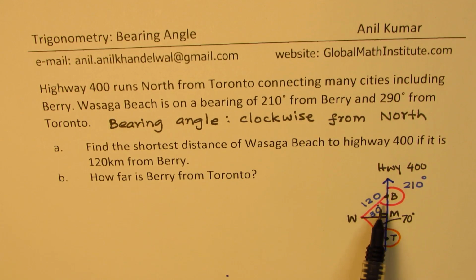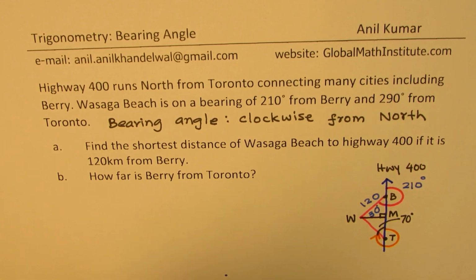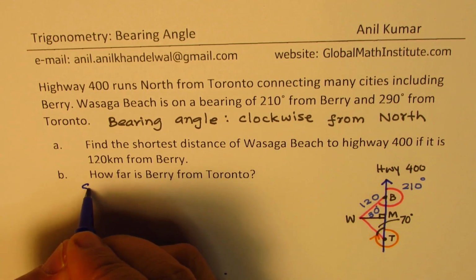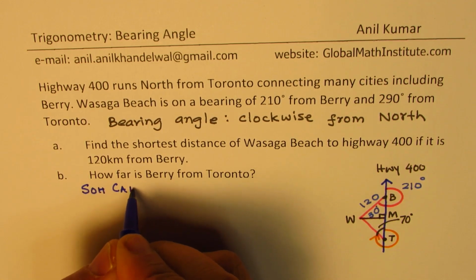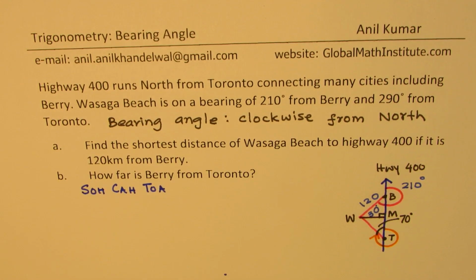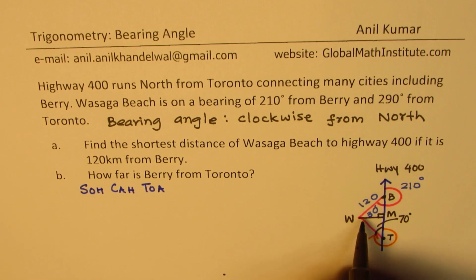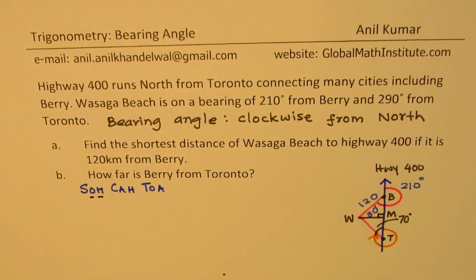We see that we have a triangle here where the opposite side is WM, which we need to find. We know the hypotenuse, correct? So remember SOHCAHTOA? Sine is opposite over hypotenuse, cos is adjacent over hypotenuse, tan is opposite over adjacent. In this case, we are interested in the opposite side and we know the hypotenuse. So we'll use the sine ratio.